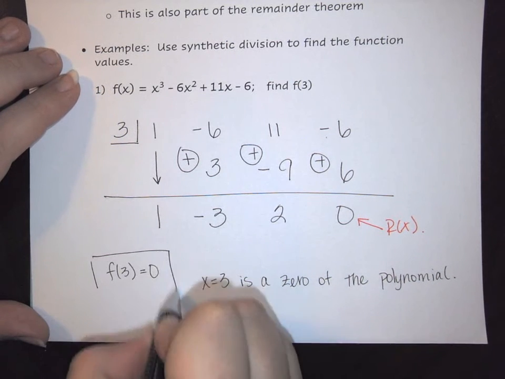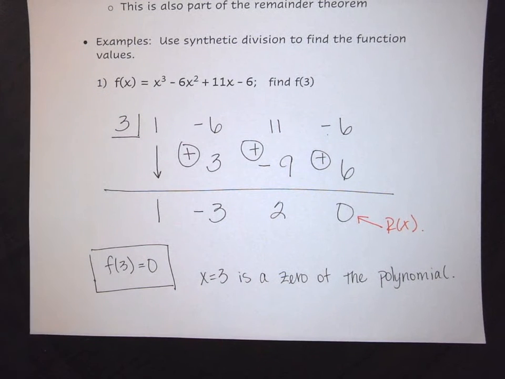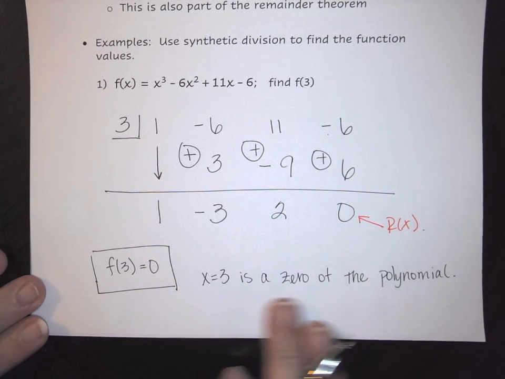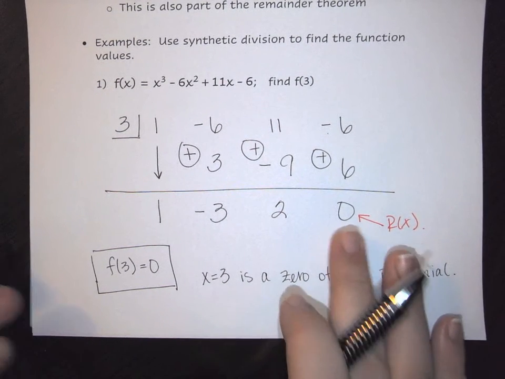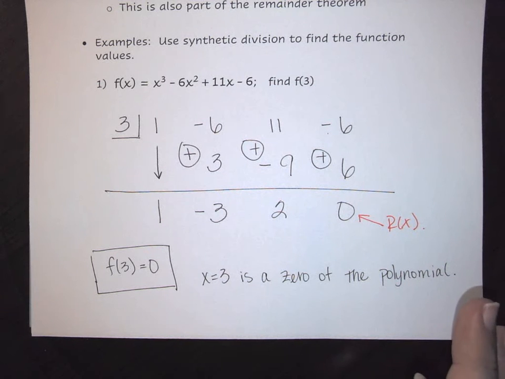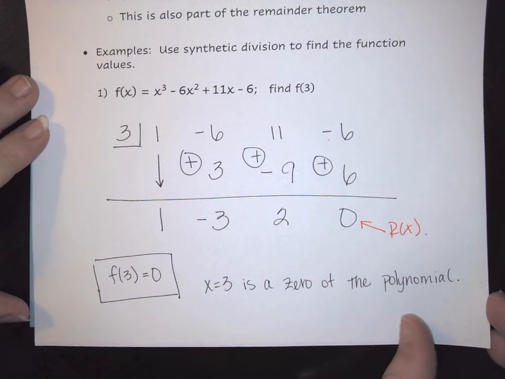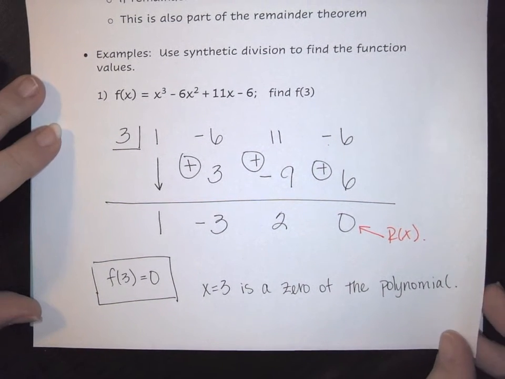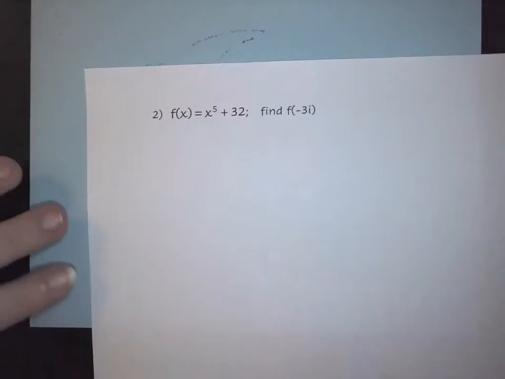Wanting to know what it was when we plugged it in, 0 is the answer. However, we need to keep in mind, because this was a 0, it means we actually found a 0 of that polynomial function. It means we found an x-intercept point.